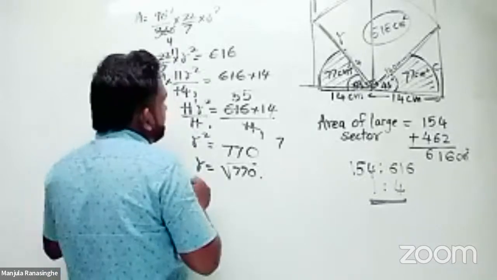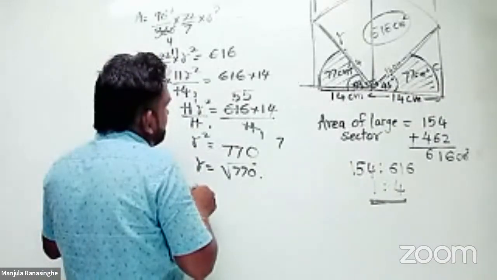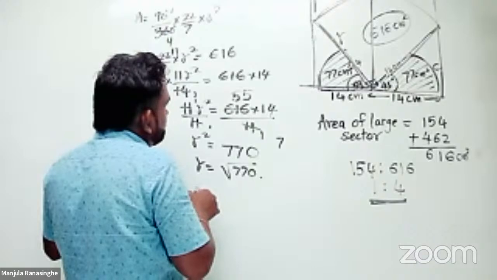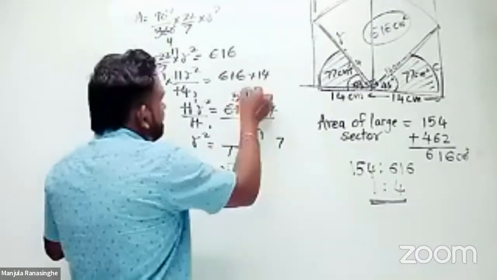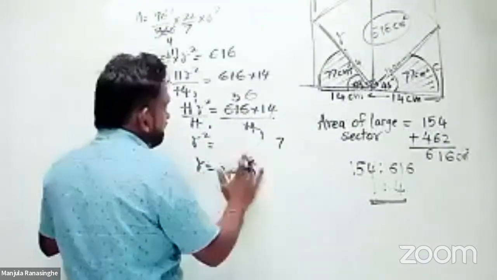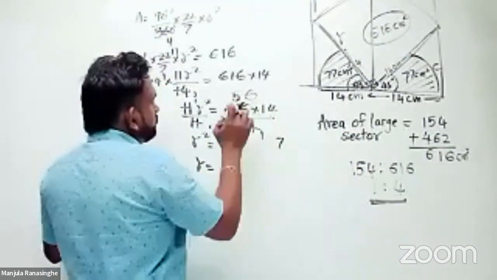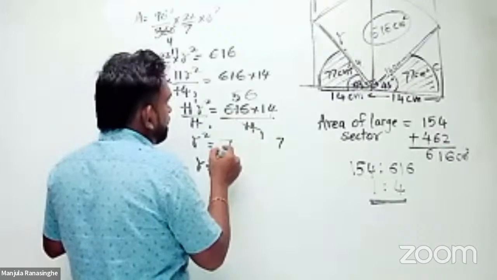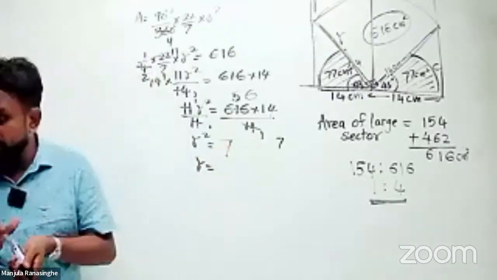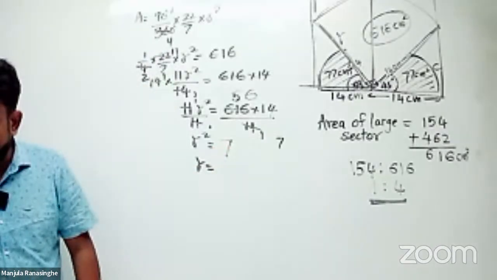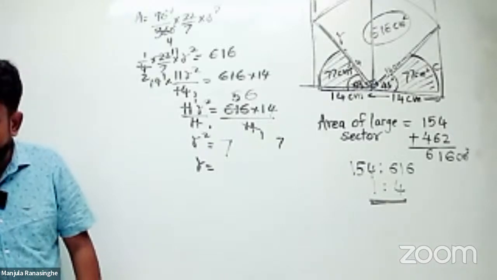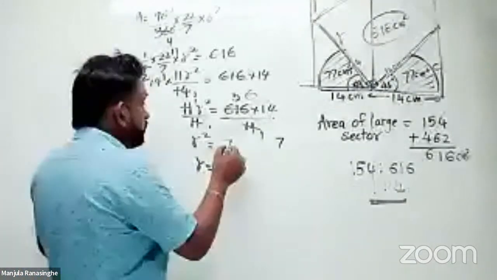616 upon 11 is 56. That's the mistake here. So r squared equals this value, 56 by 14, that gives you 784.